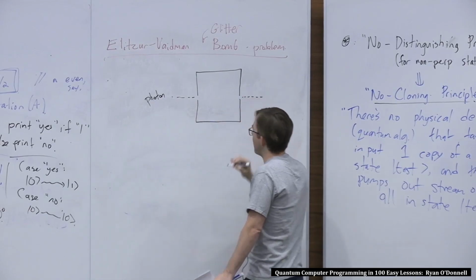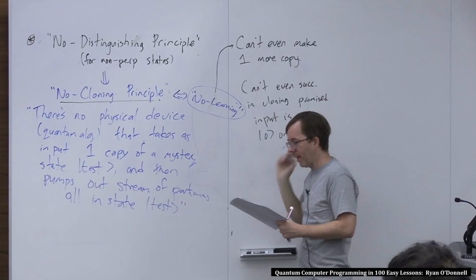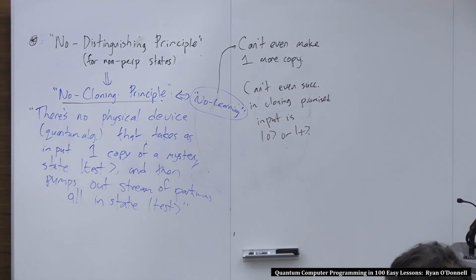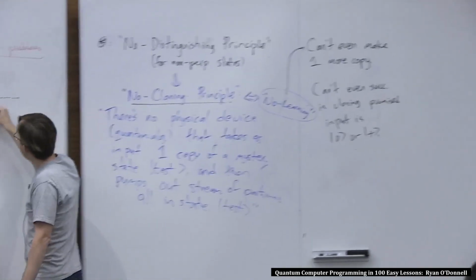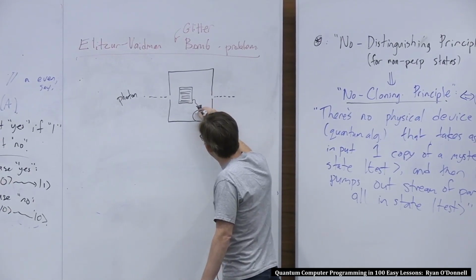And it has some slit at the outside from which a photon can come out. And inside the box, this is a very wacky scenario, there's one of these horizontal polarizing filters we talked about last time. And that's attached to an extremely sensitive wick, and that's attached to a glitter bomb in here.